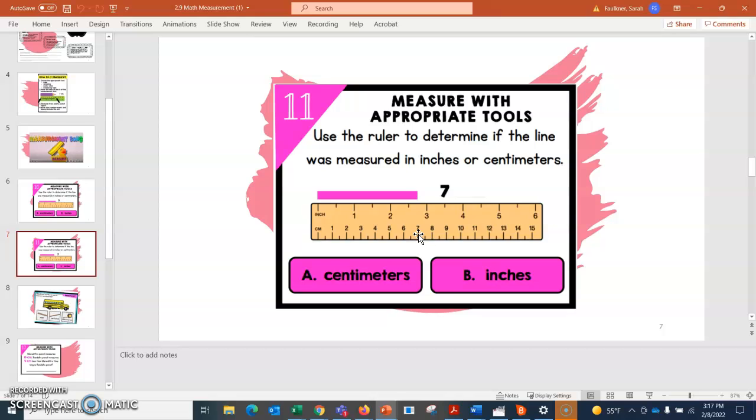So we're going to come over here, and at the bottom we see we are measuring in centimeters. Okay, centimeters. So you have to draw that invisible line down to find your answer.